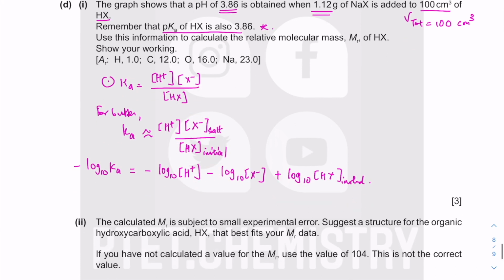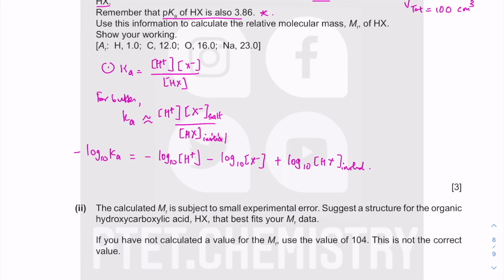All right. So what do I mean by that? Minus log of Ka is pKa. Minus log10 of H+ concentration is pH. And then I could very nicely have a plus, so I combine these two together again. I will get plus log10 of [HX] initial over [X-].